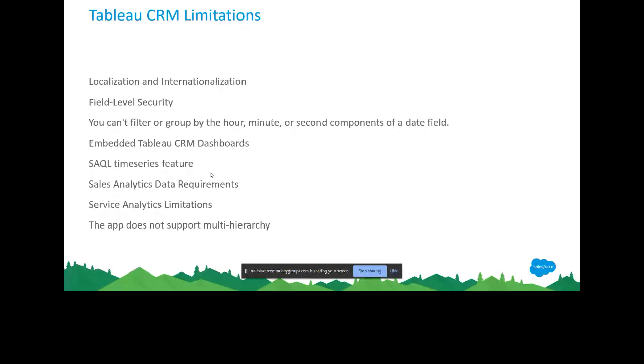The third and major one is the field level security. So we can connect the Salesforce data with one or two clicks, but the problem is that in Einstein we don't have the Salesforce type of field level security.